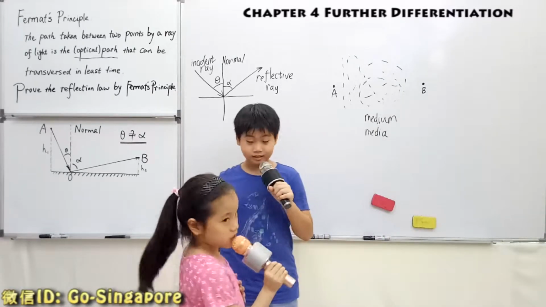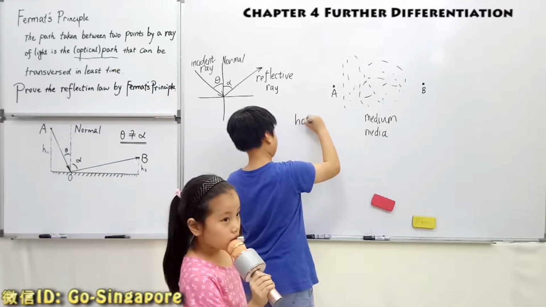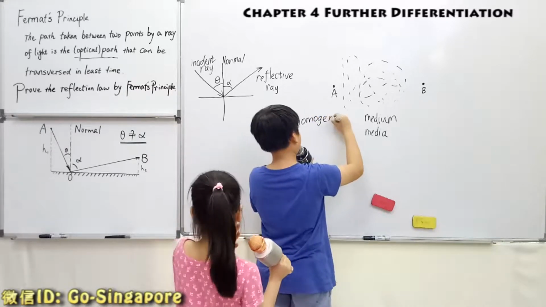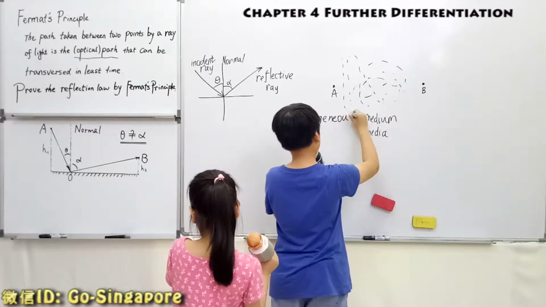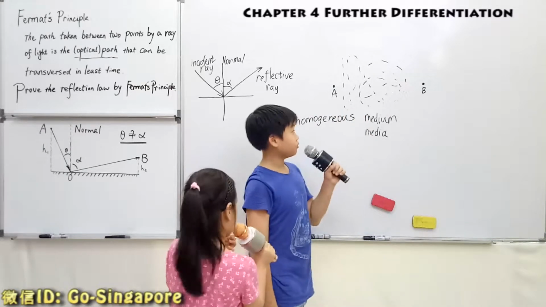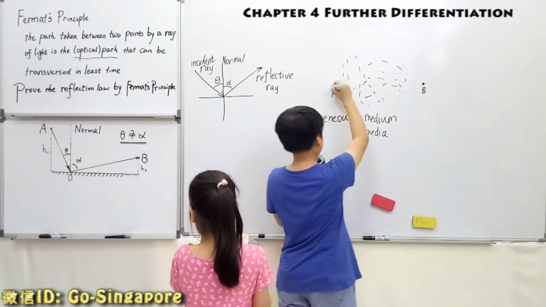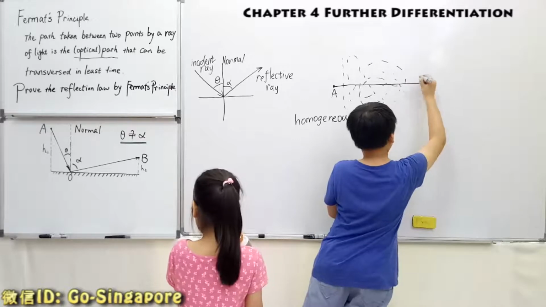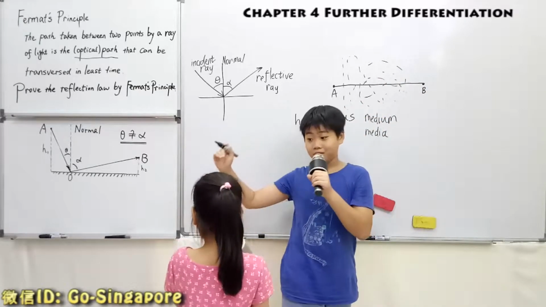Homogeneous: this means that it goes straight. Homogeneous is also uniform, right? Yes.